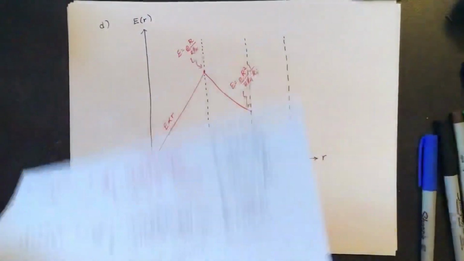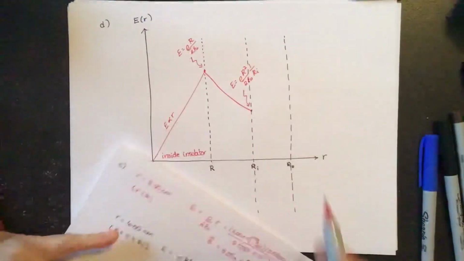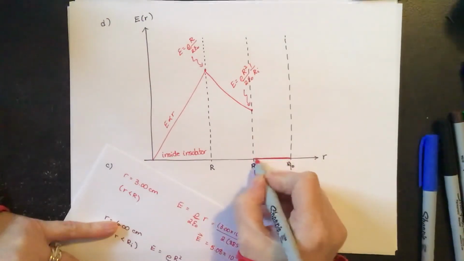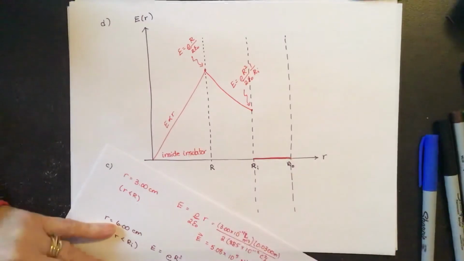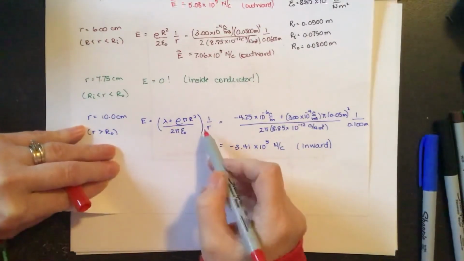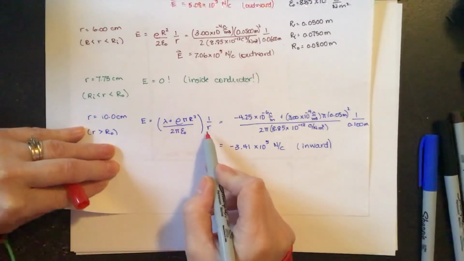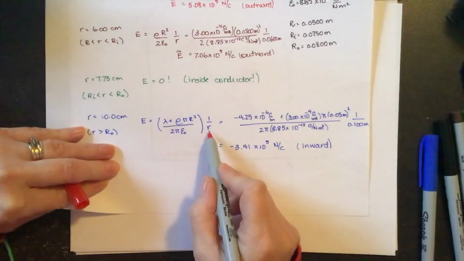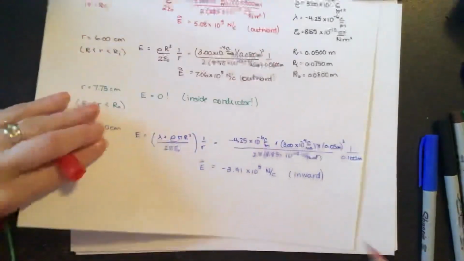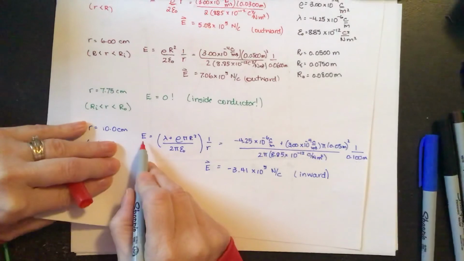Okay, next we're looking at the electric field inside the conductor. That 100% is equal to 0. So that gets us a horizontal line at 0. And next, we're going outside the whole thing. Now this is our expression. Okay, this one's interesting. It goes as 1 over R, so it's going to be a curve, but it's negative. So we start with some negative value, and as our R gets very, very big, our electric field is going to go to 0.